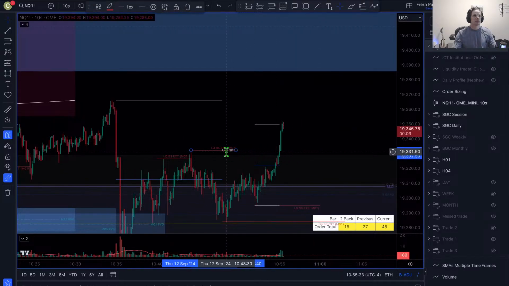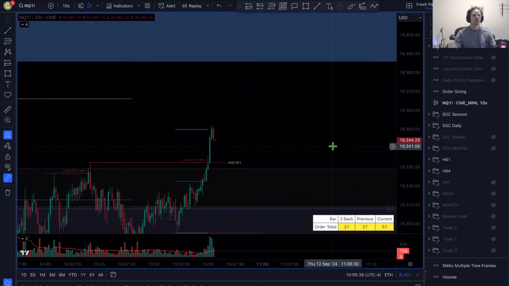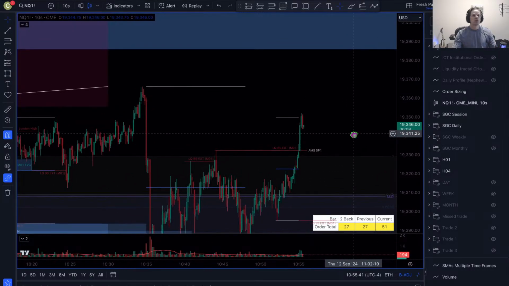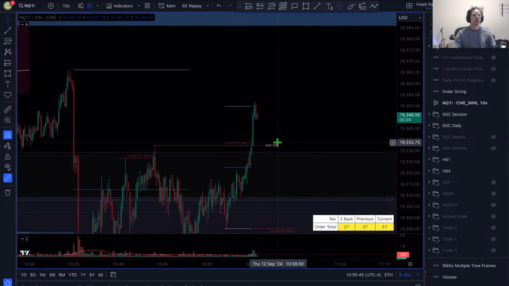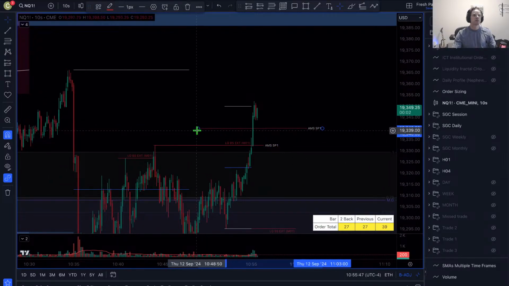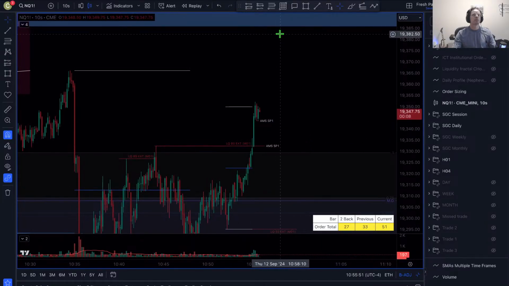Got that. You know, if it dumps back down, then we might get a massive AMS there, but I don't think so. About to get the close on the hour. Could also form AMS out of this jump start.